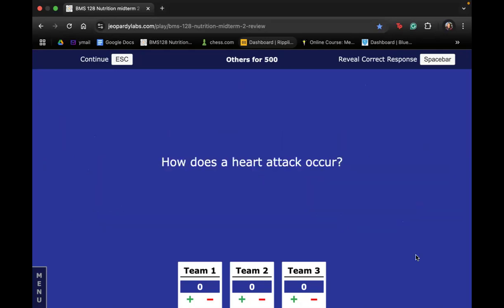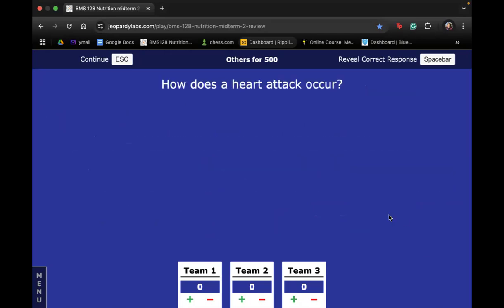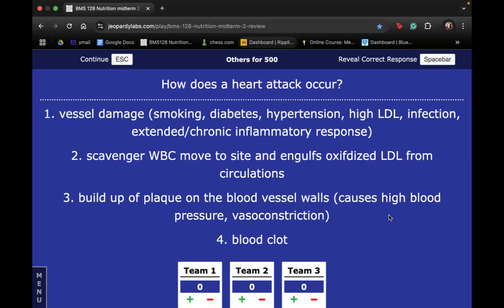How does a heart attack occur? Does not enough blood flow to your heart or your brain, something like that. So first, well, that's the end result.